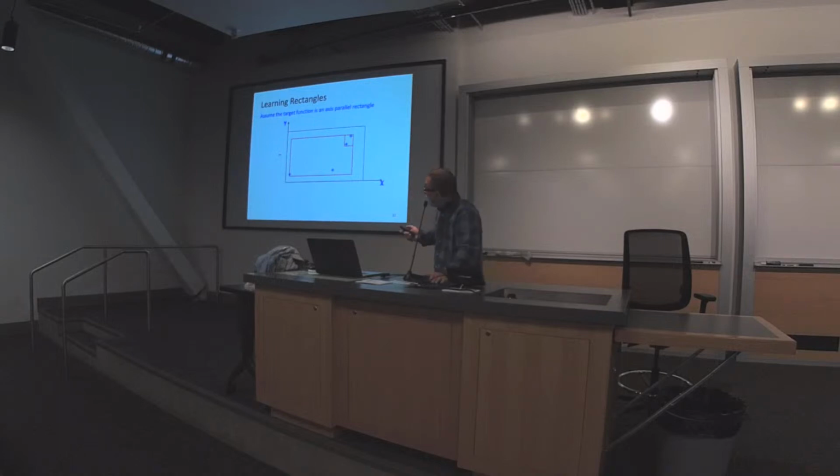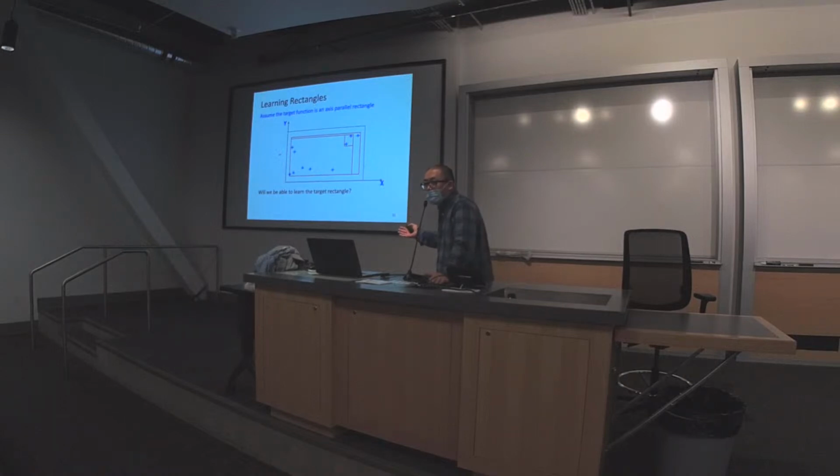You can expect that with more and more training examples, your learned rectangle classifier will get closer and closer to the ground truth classifier, and in the end, it can be arbitrarily close to the ground truth rectangle. That's the intuition.